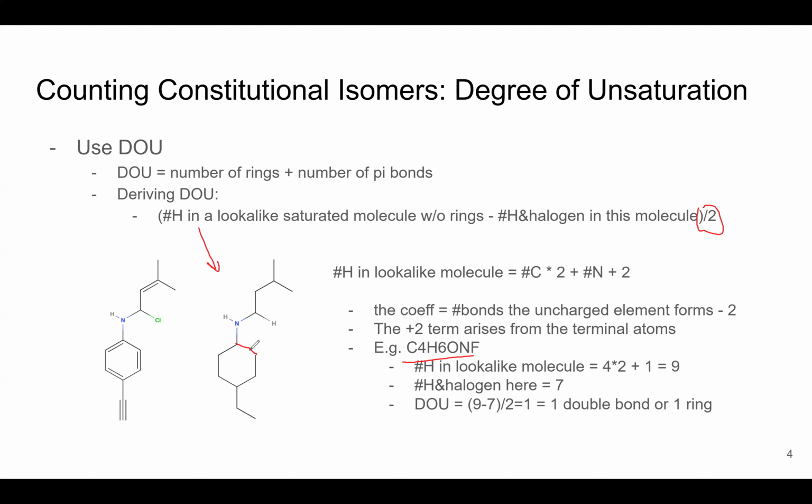With every two hydrogens that you remove, or every two hydrogens of difference between this and this, you form 1 degree of unsaturation. For example, by adding this double bond, we are removing one hydrogen from here and one hydrogen from here. So to account for this double bond, we take the difference in the number of hydrogens divided by 2. One double bond corresponds to two hydrogens or halogens, because halogens also form only one bond.